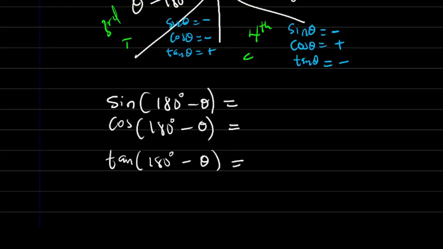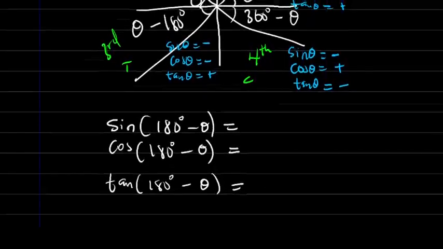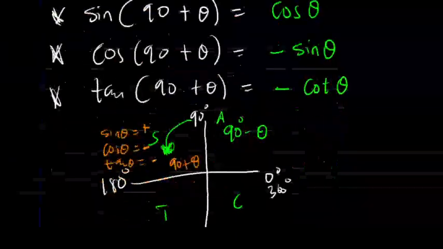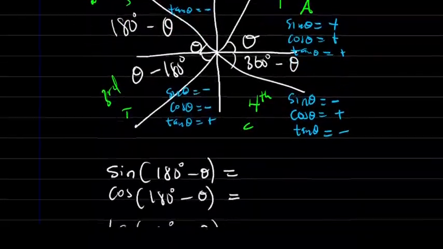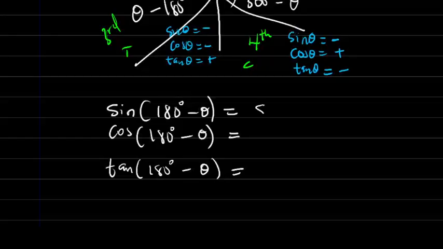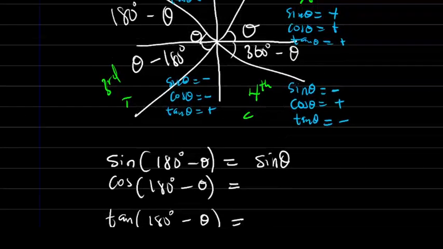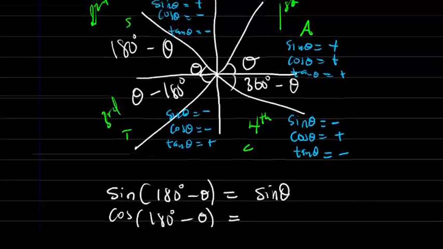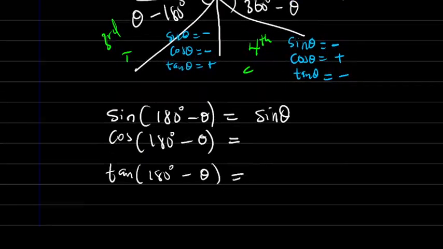Very simple. Just go back to your quadrants. In the second quadrant, sine is positive. That means this remains sine theta. Good. Now, for the cos, in the second quadrant, cos is negative.